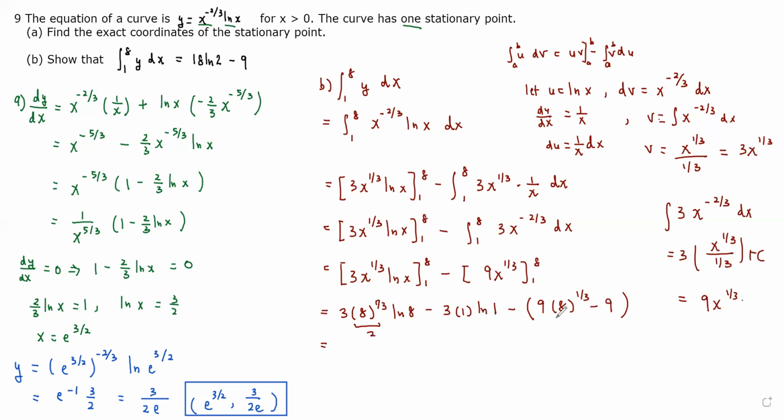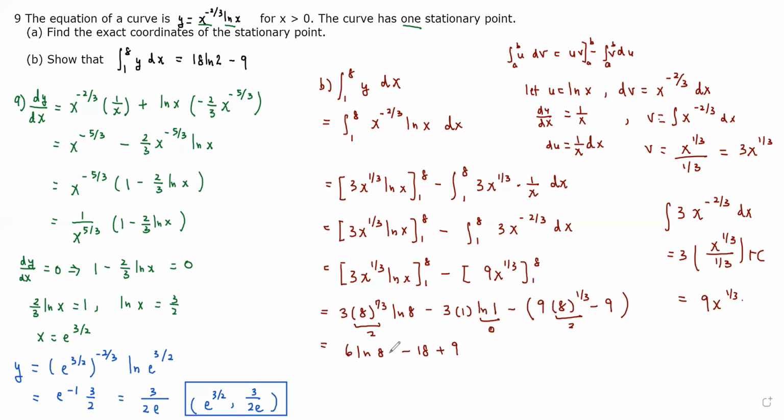This is 2. That is also 2. So we have 6 ln 8. Ln 1 is always 0. We forget about this term. Subtract 9 times 2, we subtract 18. This is 9. The 2 negatives will give us a positive.